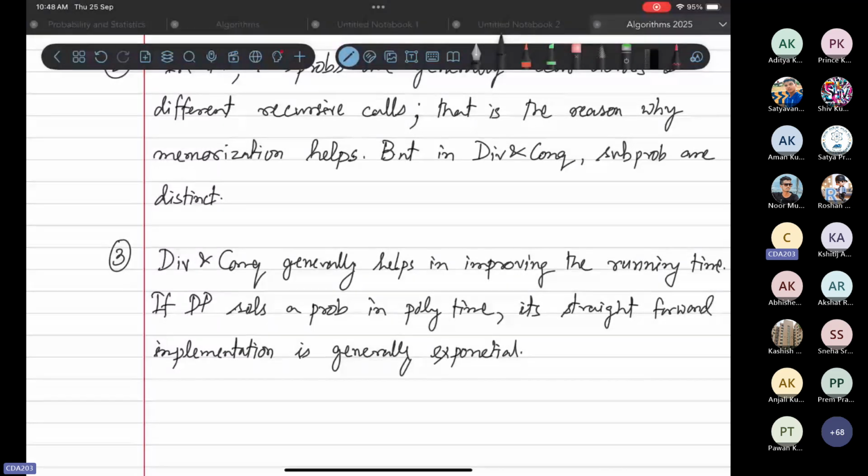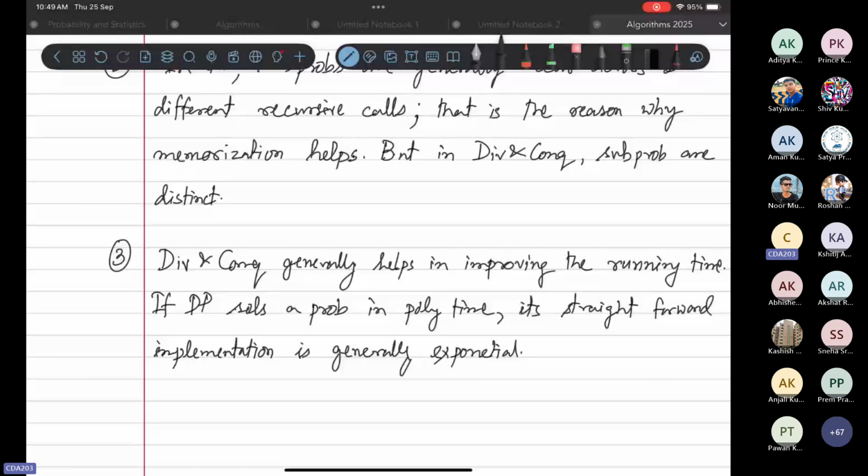In general, the nth Fibonacci number takes exponential running time, but using memoization we can bring the running time down to something polynomial, right? It's 2 to the power n, and after using dynamic programming we can bring it down to O of n.